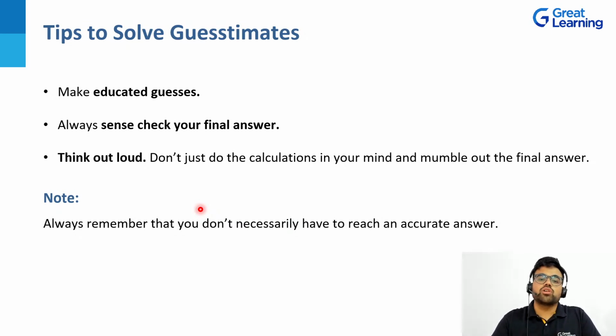Number two: always sense check your final answer. Whatever answer you arrive at, it doesn't matter if it is wrong or right, but it matters how much it deviates from the actual answer. For example, take how many blue cars are there in Delhi.